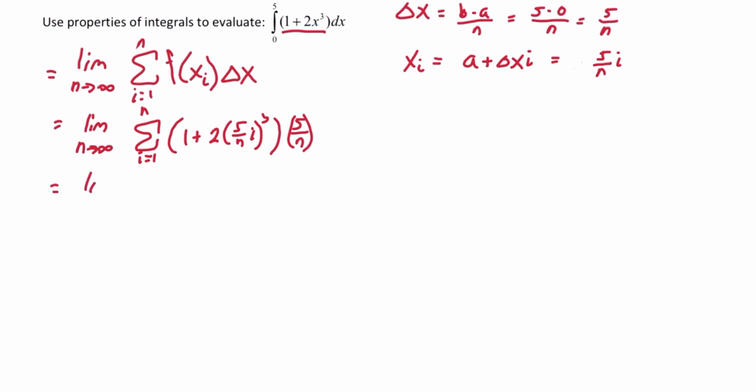In our next step, we can pull the 5 over n out of the sum. And we can simplify the cubed part. That is 5 cubed is 125 times 2 is 250 divided by n cubed times i cubed.